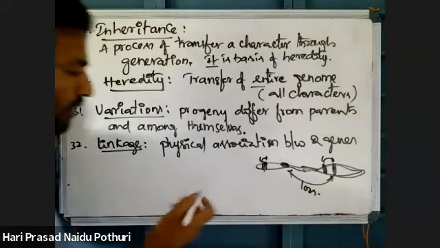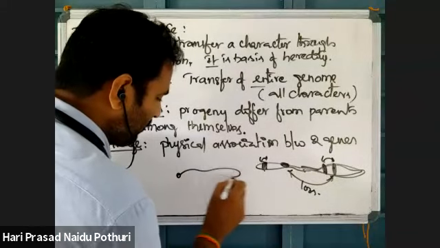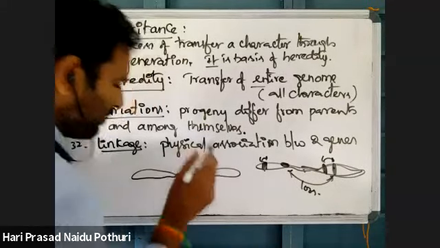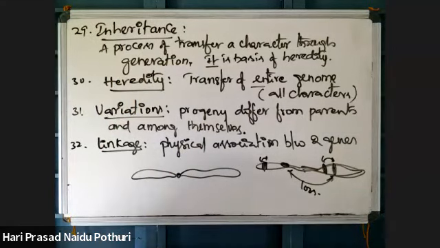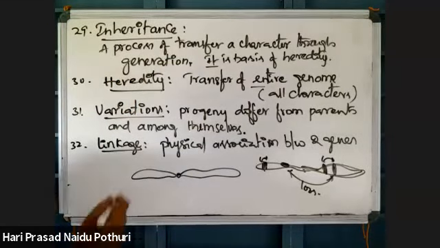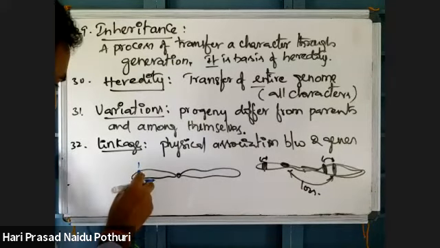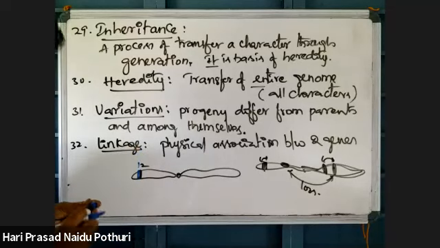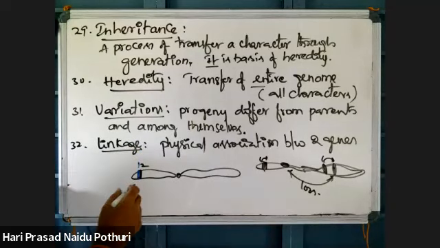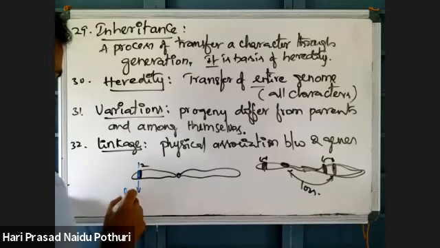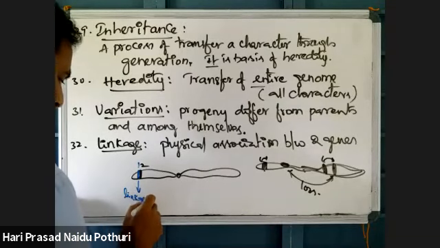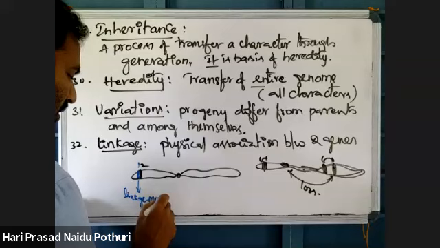See here, physical association between two genes. Suppose one chromosome is there, with gene 1 and gene 2 side by side. Now the linkage is more, or maximum.